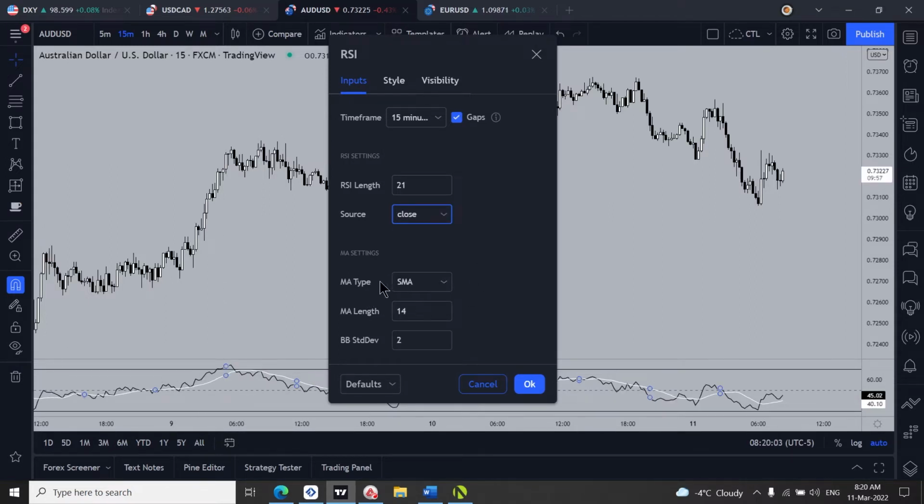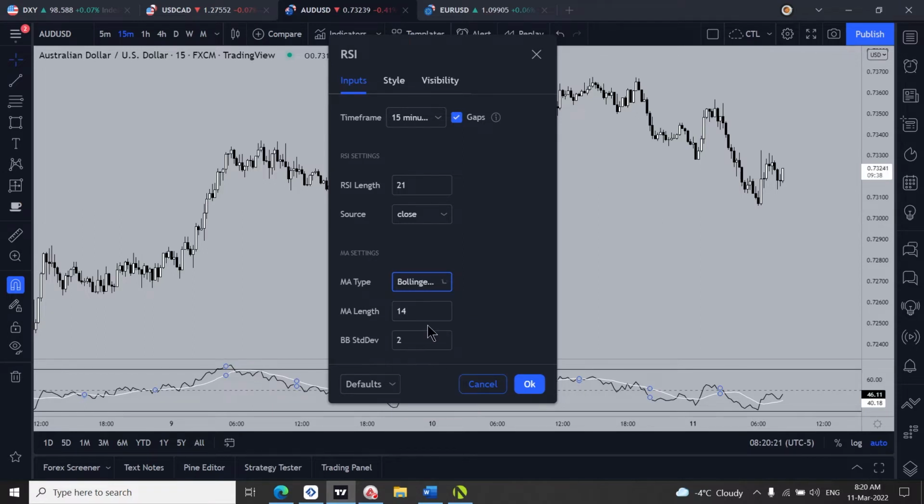Okay. And then for that RSI based moving average, you can keep it as a simple moving average. You can go to a exponential, the smooth, weighted, volume weighted. But this is the only one that's going to be slightly different. This is the actual Bollinger Bands.